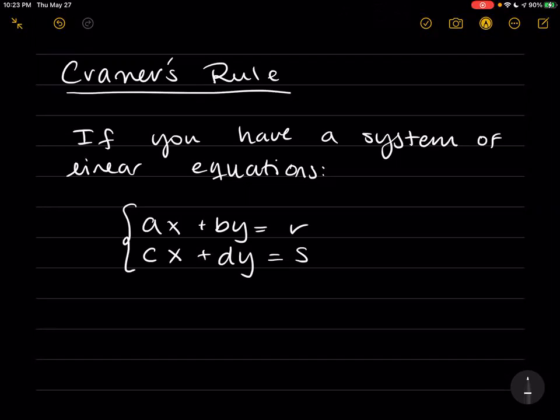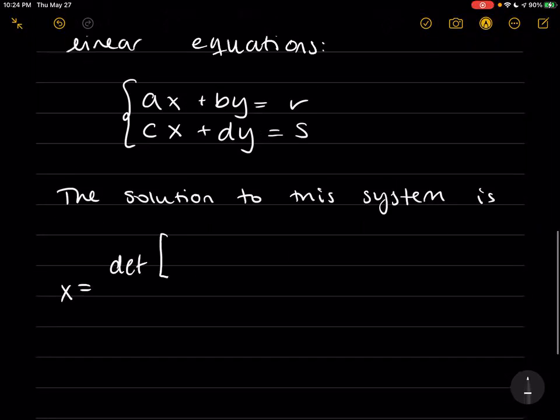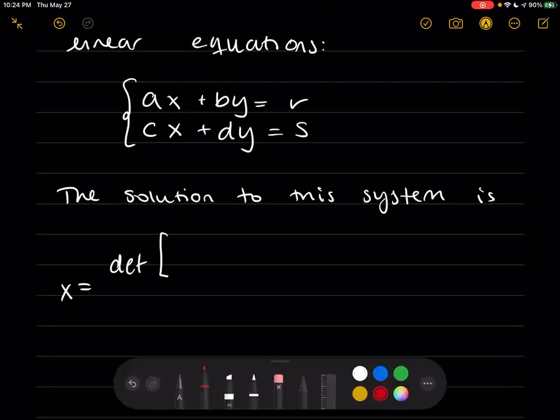The solution to this system is, x is going to be equal to the determinant of the matrix where you take these two numbers, r and s, and put those as the first column, and then you take b and d. Let me put those as colors.